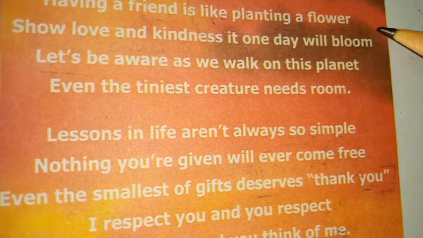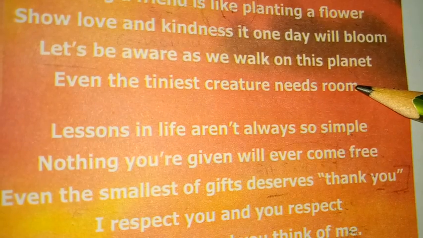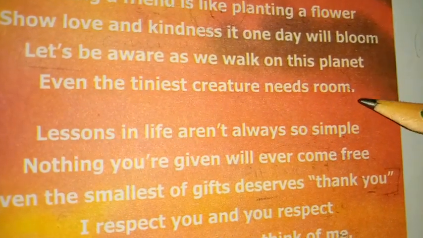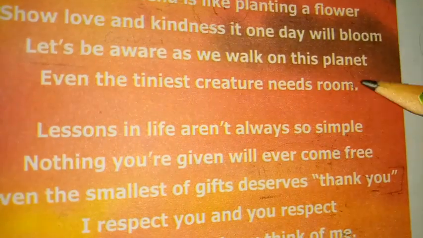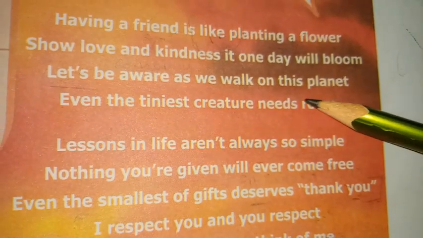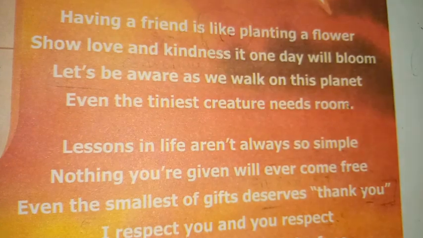And then, see the second poetic line and the fourth one. You can see the two words bloom and room, and these are the rhyming words. So in the first stanza, we have the rhyming words bloom and room.